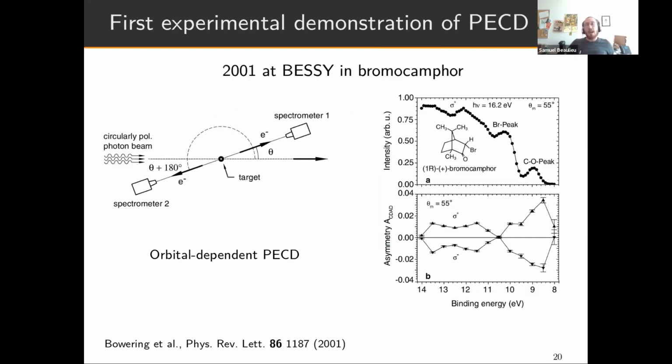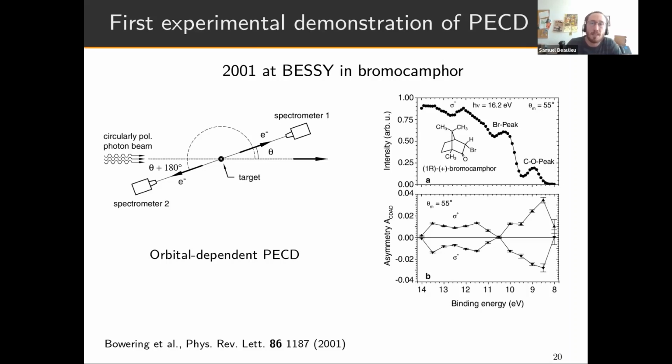Okay, so now that we have defined what PECD is, I'll give a bit of historical perspective concerning the development of this field and how it came to be interesting for attosecond scientists. This brings me to the first example of PECD measured experimentally, which came 25 years after its theoretical prediction.